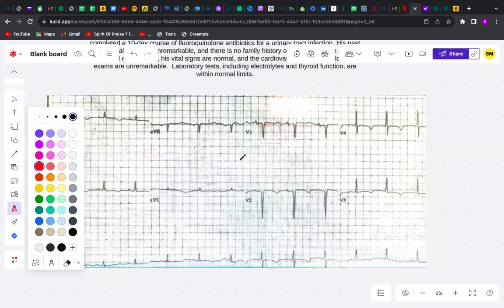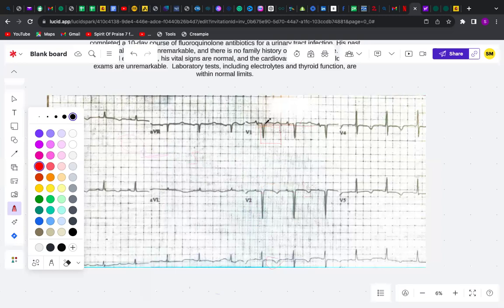So if you couldn't pick that up, the next time you have to examine the QT intervals as well. Do all the analysis step by step, and then you'll pick that up here. So this was the case of a QT prolongation. We have a sinus rhythm, the QT is prolonged, and then we have signs of ischemia.